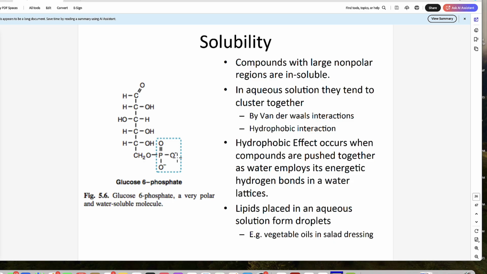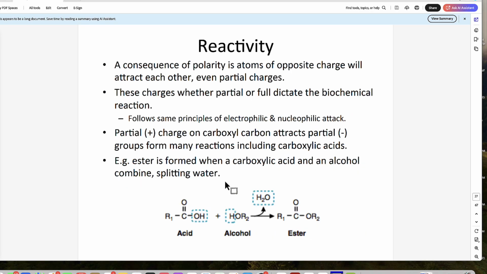Lipids that are placed in the aqueous solution start to come together, aggregate, and they form these droplets because they're repelling that aqueous solution or that water. Okay, so an example would be vegetable oils and salad dressing. Now with reactivity, reactivity is a consequence of polarity.